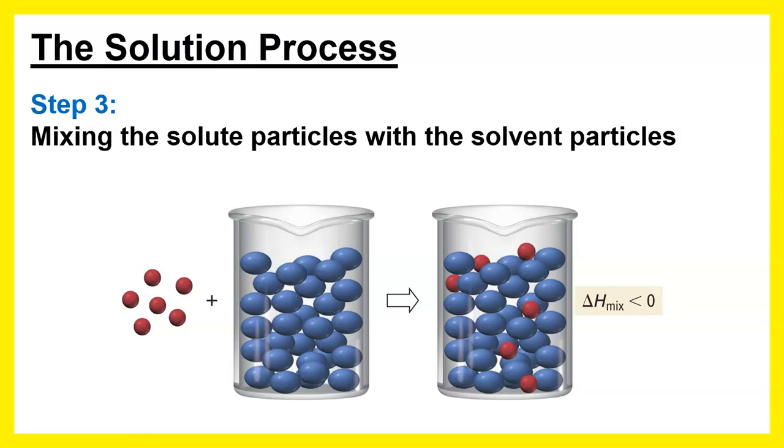If it was more energetically favorable to have the solute interact with the solute and the solvent interact with the solvent, then they wouldn't mix, would they? But because this is a more favorable set of attractions, it released that energy. Now it's exothermic. And now it actually happens.